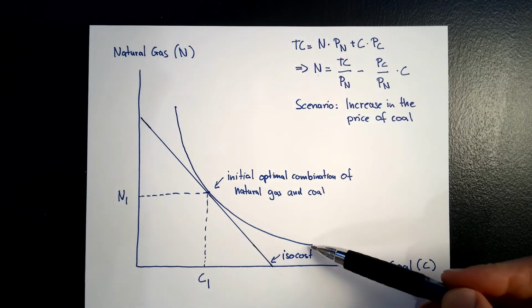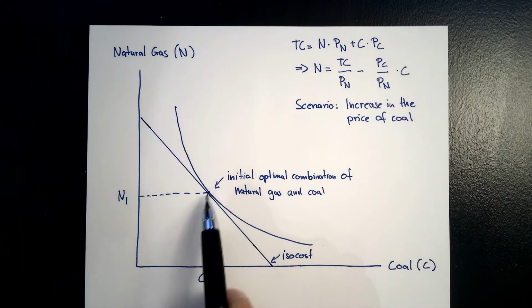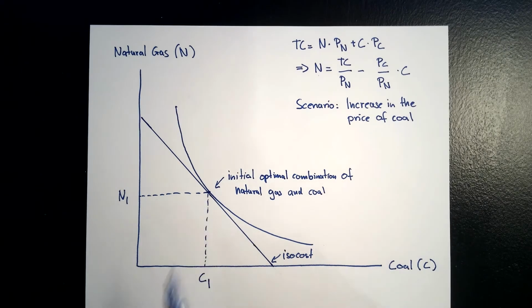Note that I have also drawn an isoquant, which is tangent at this point here, which I labeled C1 and N1.